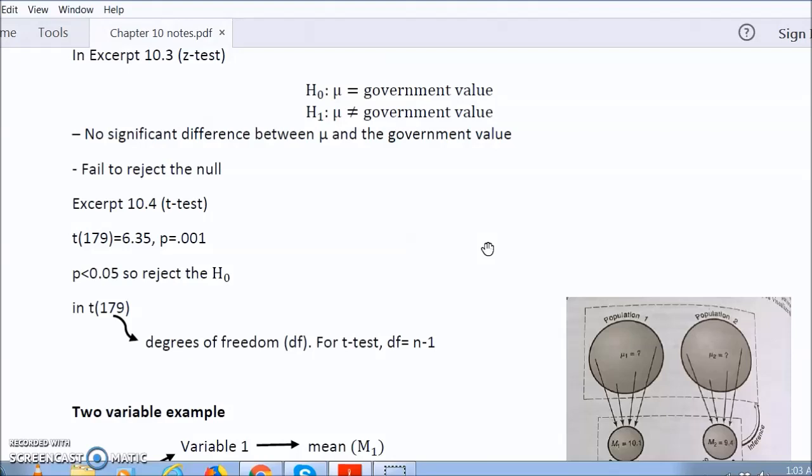One of the things to notice about 10.3 is also that they do not really state the null hypothesis and the alternate hypothesis. In most cases, researchers will not state the alternate hypothesis.